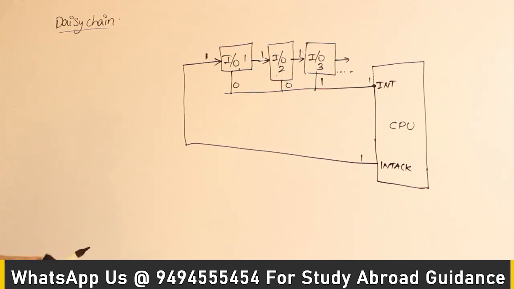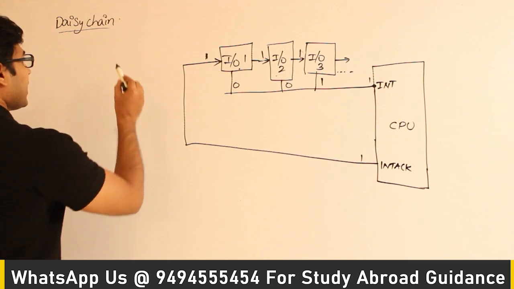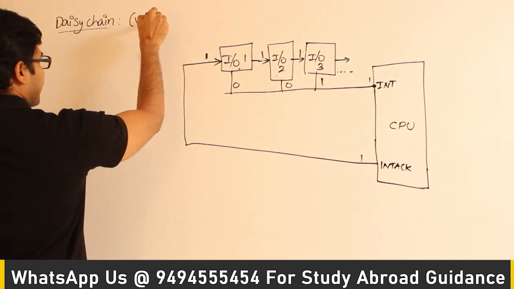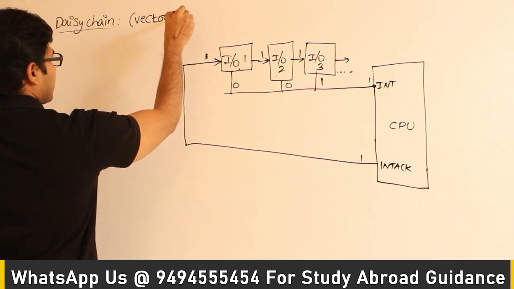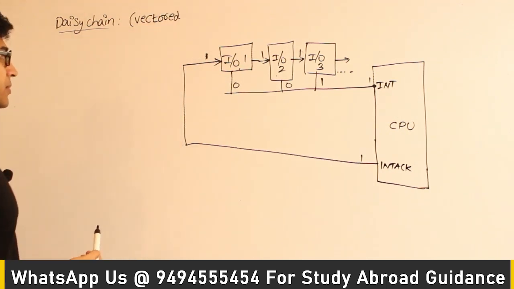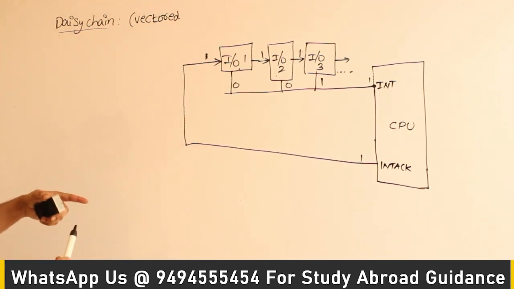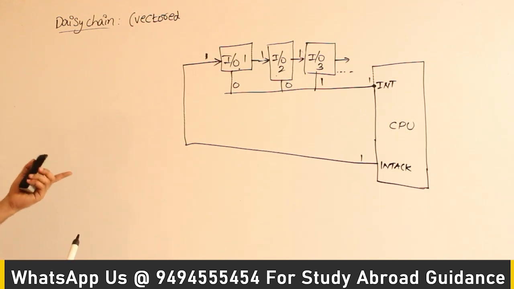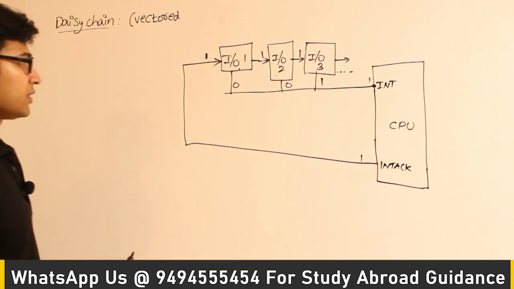And I told you that this particular daisy chaining actually falls under the category of vectored interrupt, right? So what is vectored interrupt? The device which needs this service, the device which has raised the interrupt, is also supposed to provide the CPU with the address of the interrupt service routine, right?